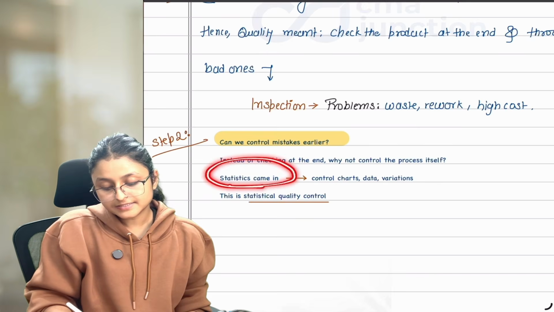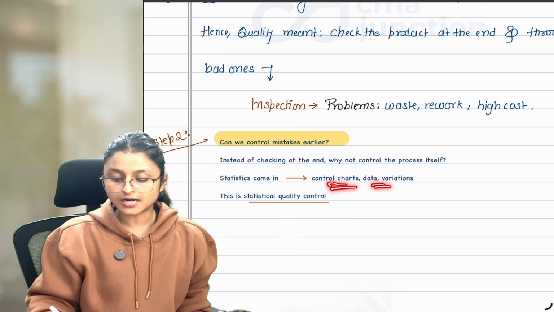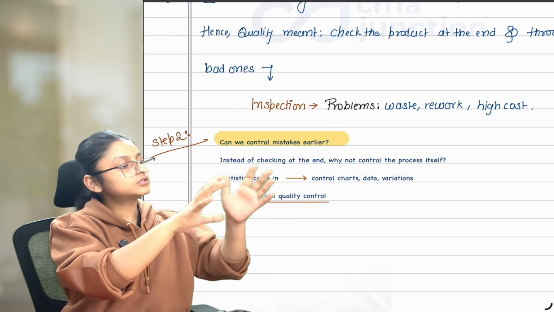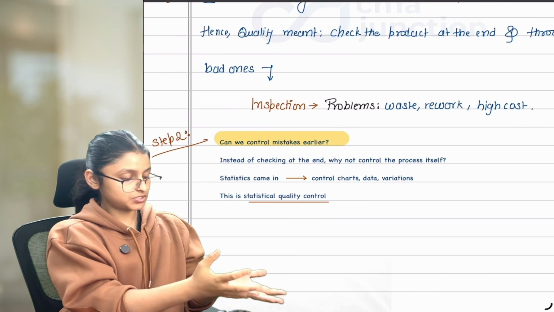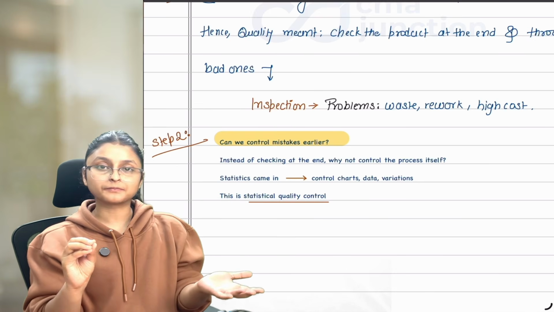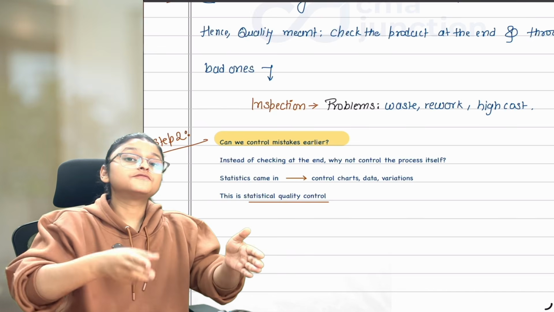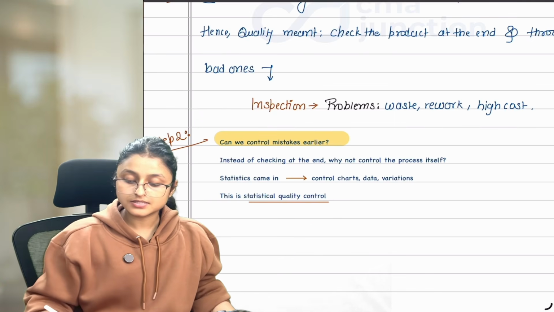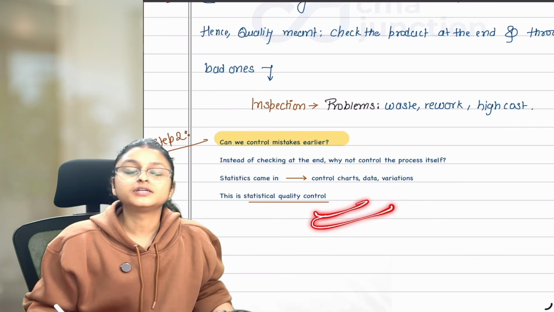For this, statistics came in, control charts, data, variations. We used all of them so that on the particular batch which is produced, we are checking only the samples and we are checking after every process, not only the final product. This is statistical quality control.